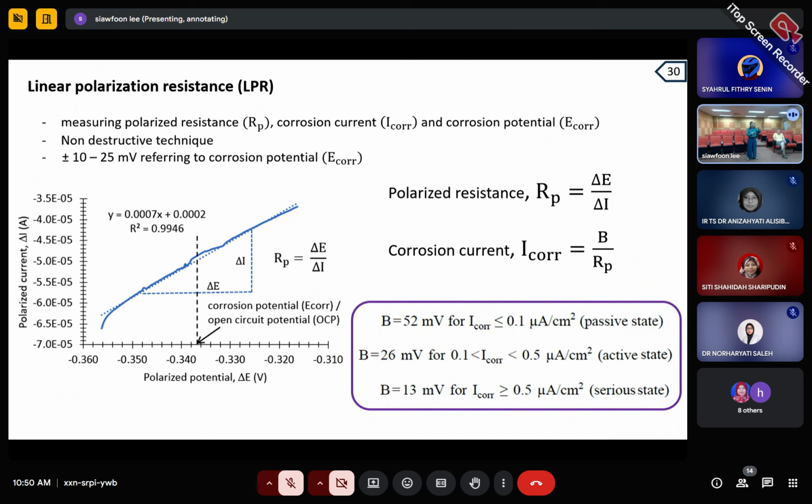So from there you can know, okay, if I put this steel in this kind of solution, what kind of corrosion potential will this steel have? And of course, don't get confused between this corrosion potential and open circuit potential. Actually, they are the same. When I started this field, I thought corrosion potential meant that corrosion happened on the steel, but actually it's not.